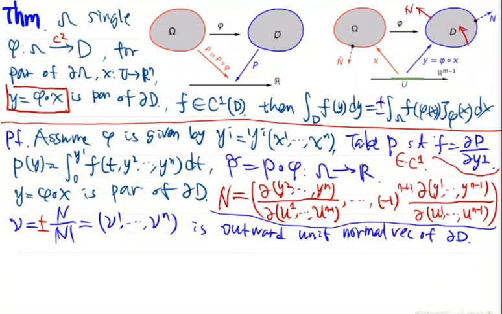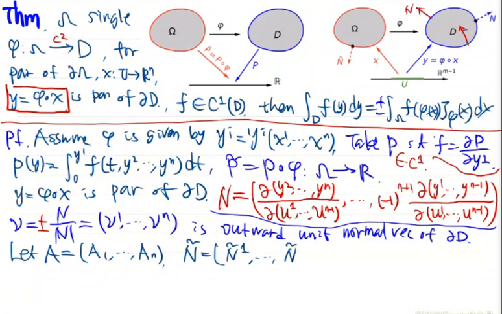Okay. Now we take a vector field. Let A be A1, ..., AN, and n tilde be n tilde 1, ..., n tilde n. Here the components are given as follows.